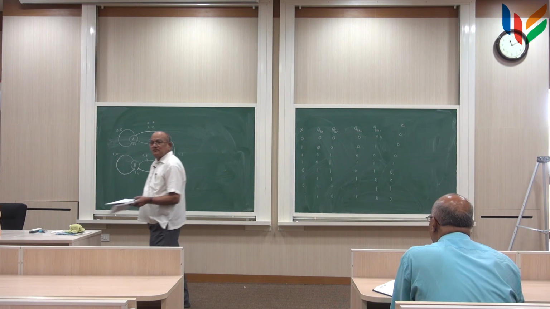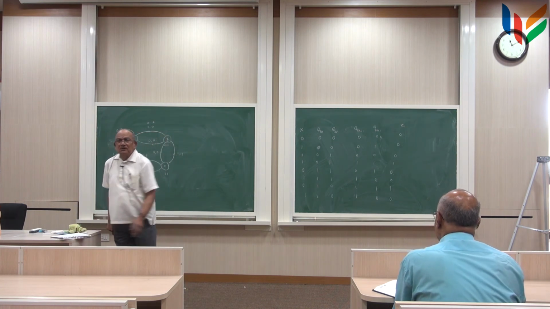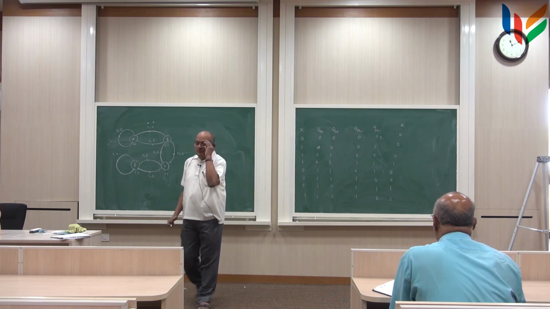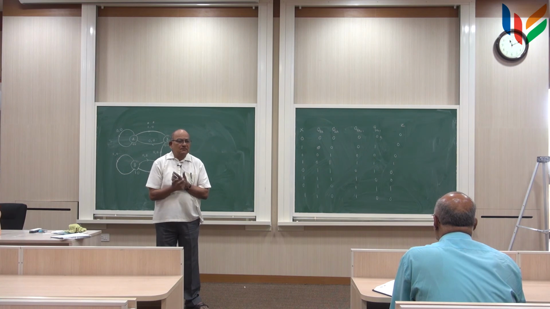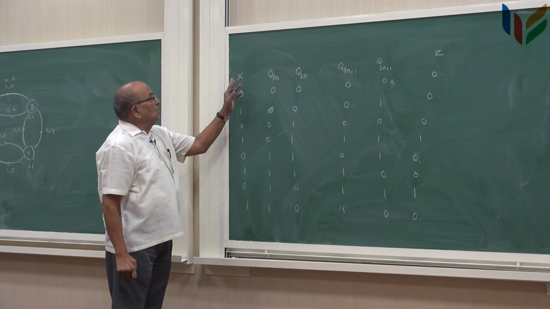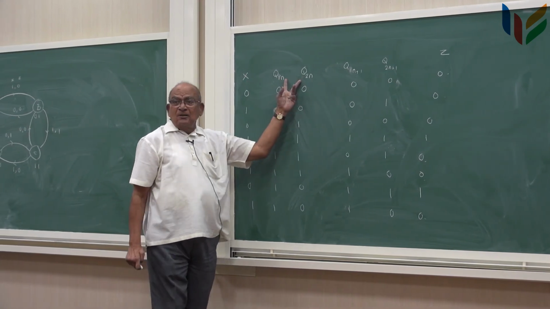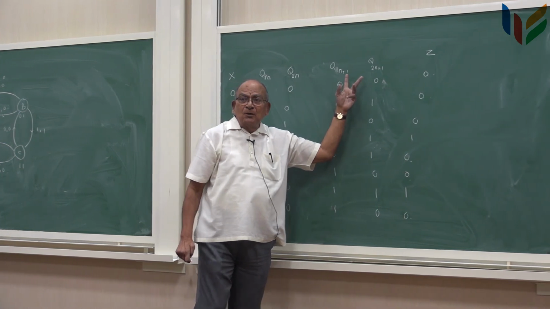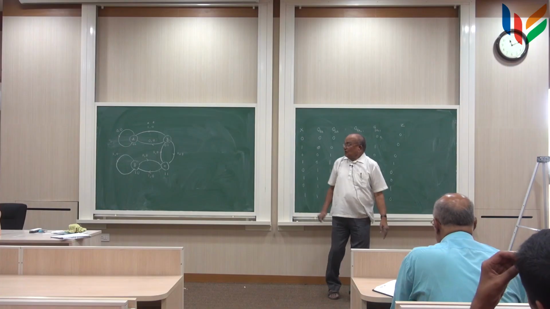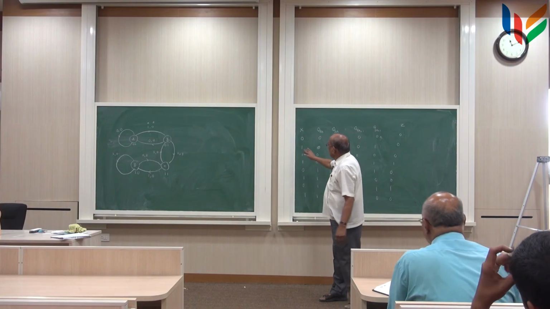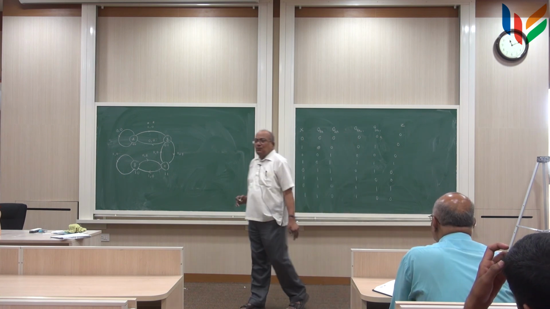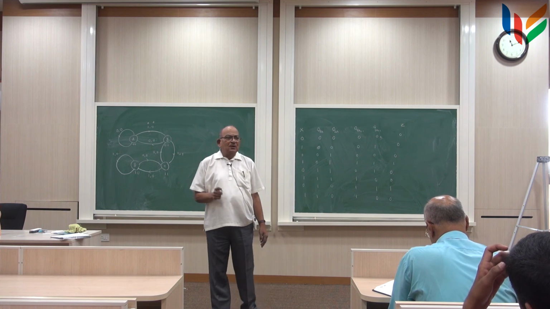So this has the input X, the present state and the new state, and while going to the new state, what output is being given. Once this diagram is translated into this table, now you make up your mind what kind of flip-flops you will choose for defining the states.